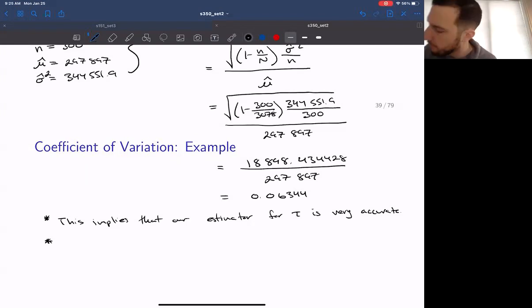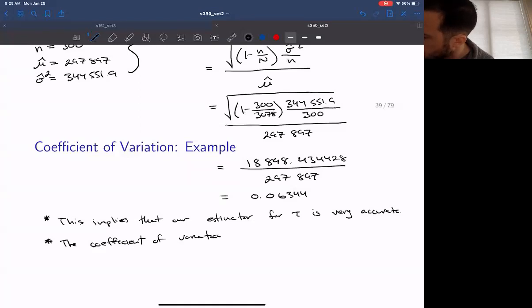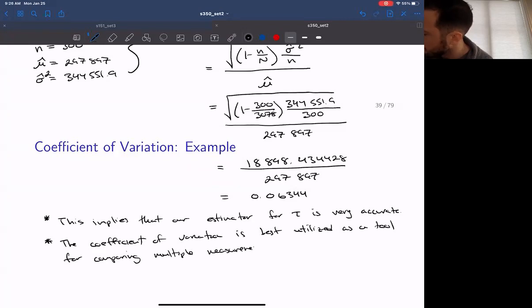Okay, so the coefficient of variation is, let's say, best utilized as a tool for comparing multiple measurements.